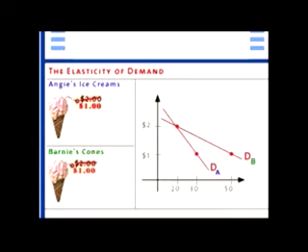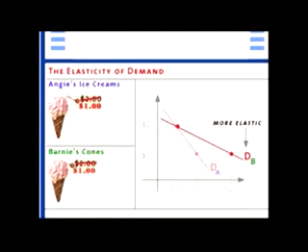We say that Barney's customers' demand for ice cream is more elastic than Angie's customers' demand for ice cream. Now, why should you care about this? See if you can answer this question. What happens to the total revenue that Angie raises when she changes the price of her ice cream cones from $2 a piece to $1 a piece? Does her total revenue increase or does it decrease?